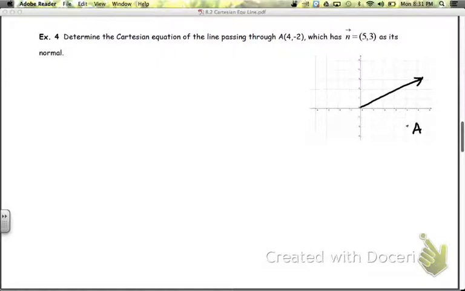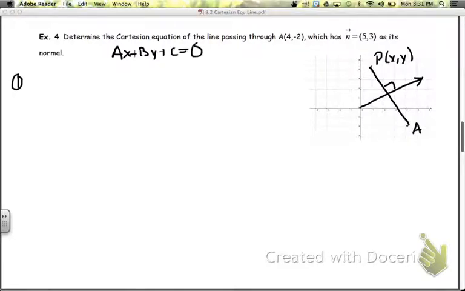We know that it creates a 90-degree angle because it's a normal. So we also have our point P, which is located at (x, y), because we don't know what that point P is. So we want to determine the Cartesian equation. Remember, the Cartesian equation is our ax plus by plus c equals 0.